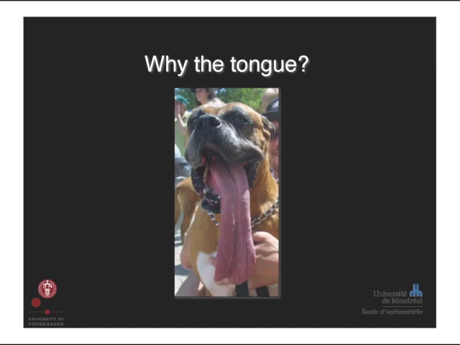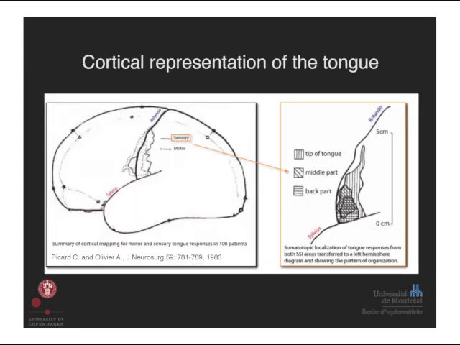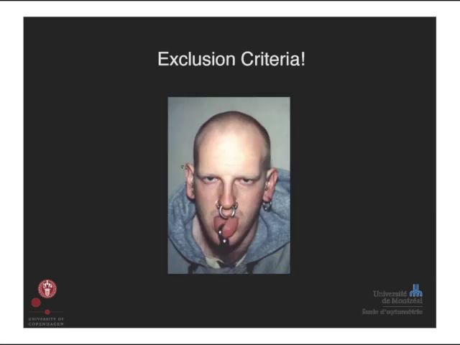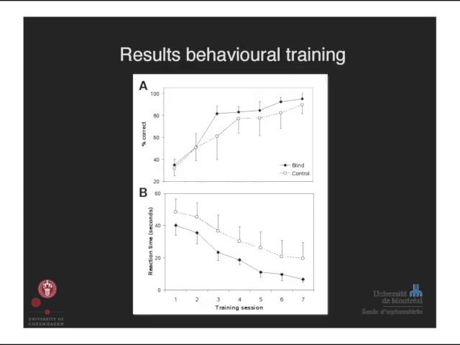Why the tongue? First of all, it's in an aqueous milieu, so it's a good conductor, and also it has a very large representation in the somatosensory cortex.